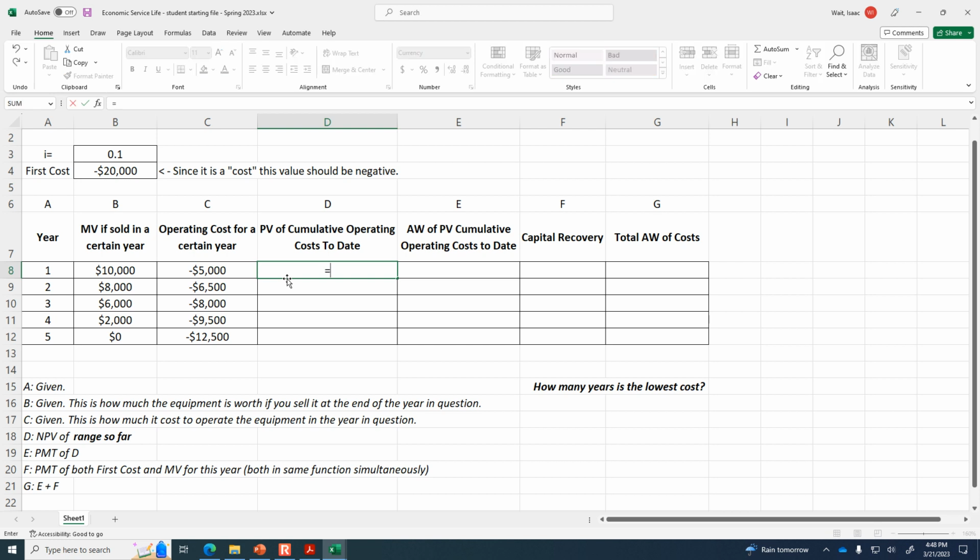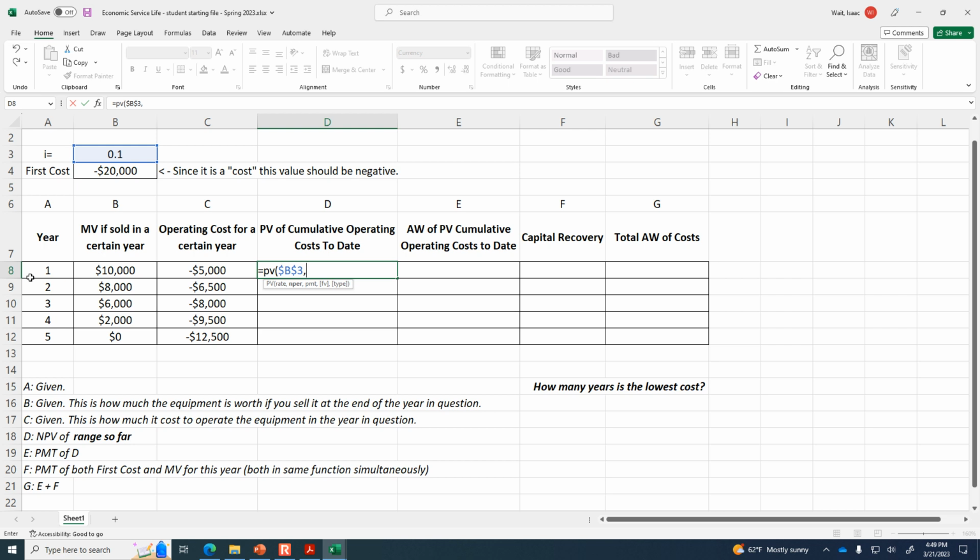So we're going to do equals PV and refer to the interest rate of 10%. We can just click on that cell that has the 10% interest rate, and maybe I'll anchor that reference so that when I'm dragging the equation down, it always looks at the same spot. Okay, NPER, number of periods.